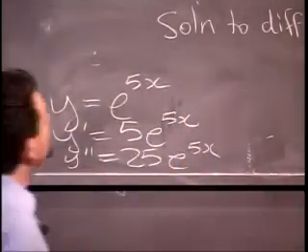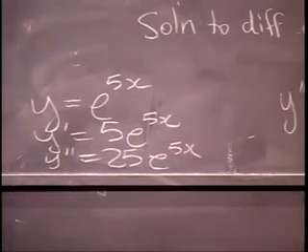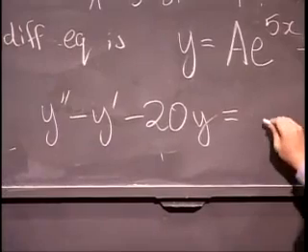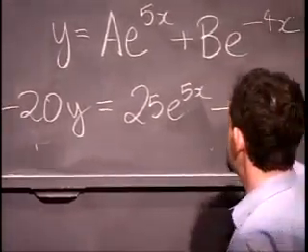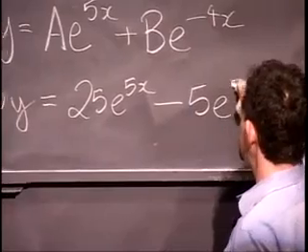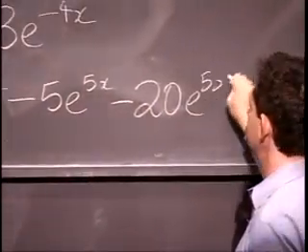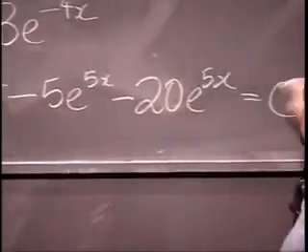So if I plug this into the differential equation, I get y double prime minus y prime minus 20y is equal to 25e^(5x) minus 5e^(5x) minus 20e^(5x). And sure enough, 25 minus 5 minus 20 is 0.